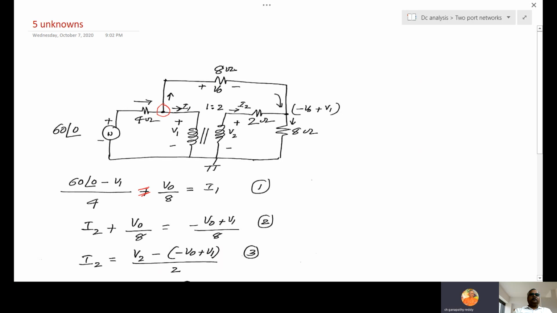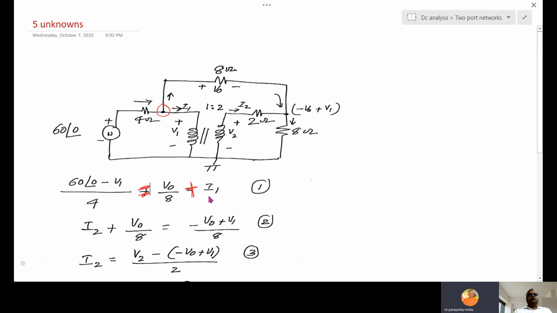Sum of the currents entering equals sum of the currents leaving. What is this? This is I1. This current is V naught by 8. So 60 of 0 minus V1 is the voltage here, V1 by 4. This is entering, these two are leaving.